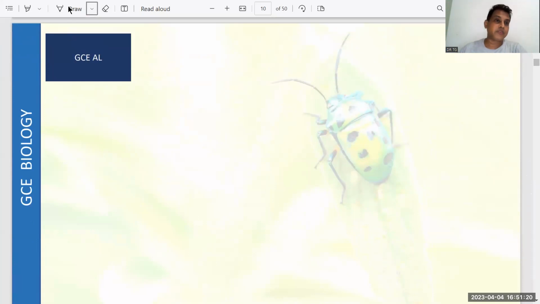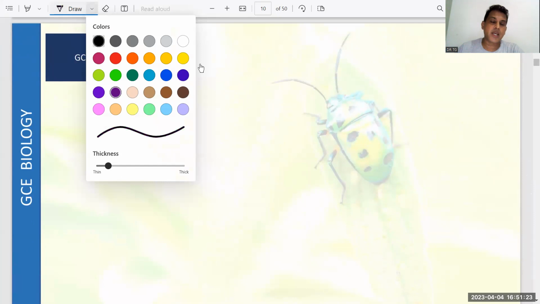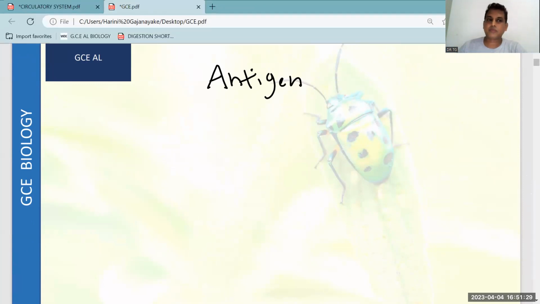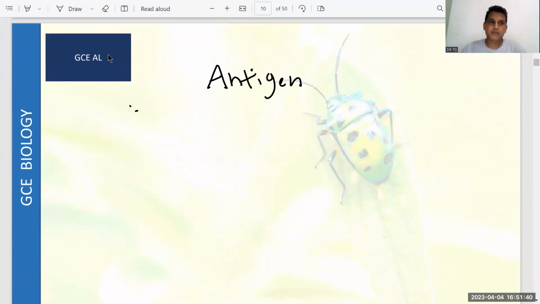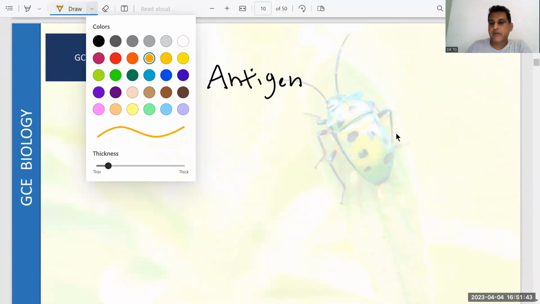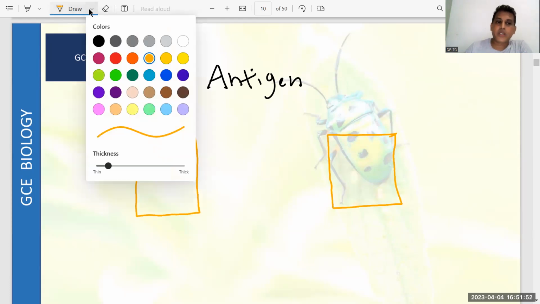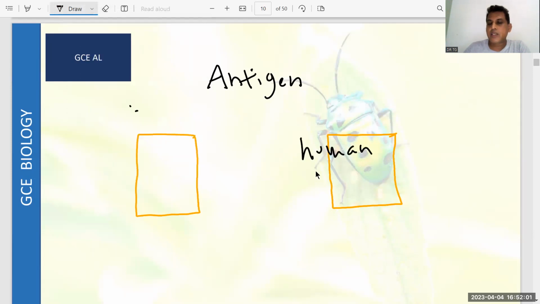Okay, now we try to understand what is antigen. Now here, this box represents the human immune system.